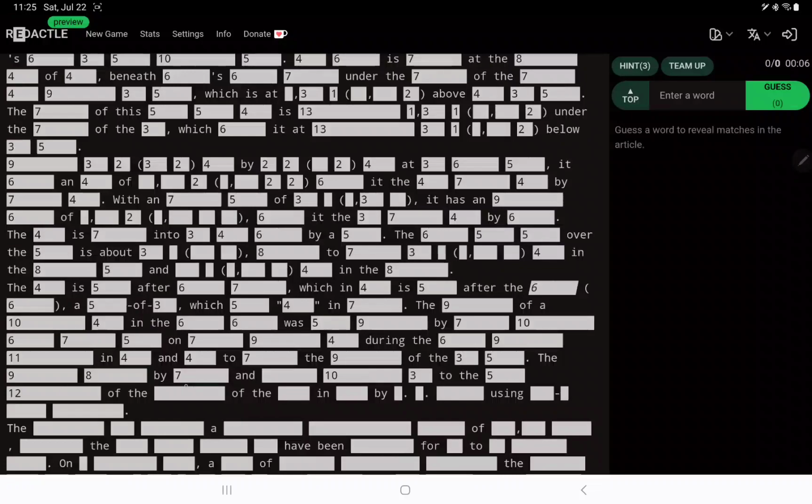Something led to the first something of the blank of the 9 of the 4 in some year by 116 using 3-259.